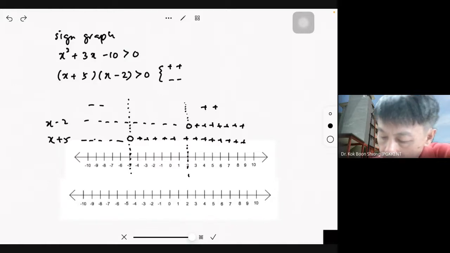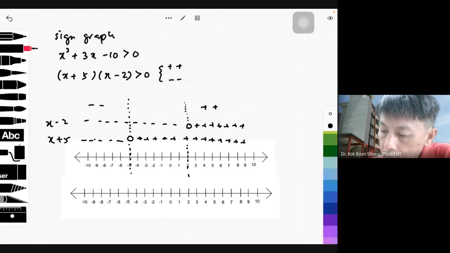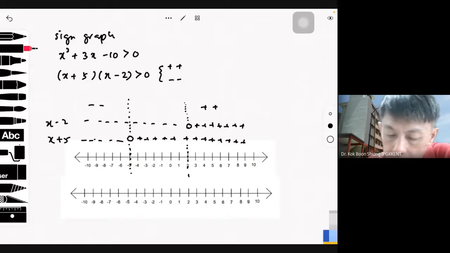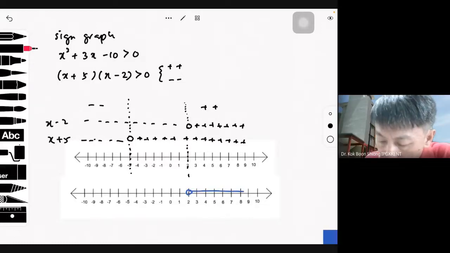So what is the answer? The answer is x between negative infinity and negative 5, or between 2 and infinity.